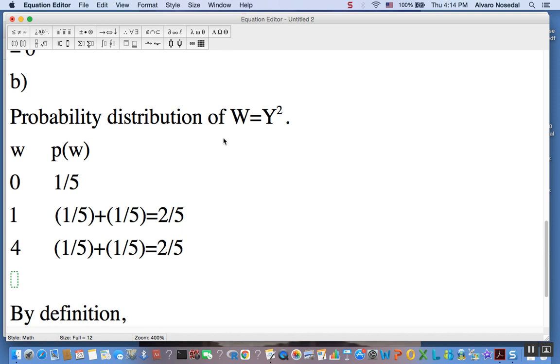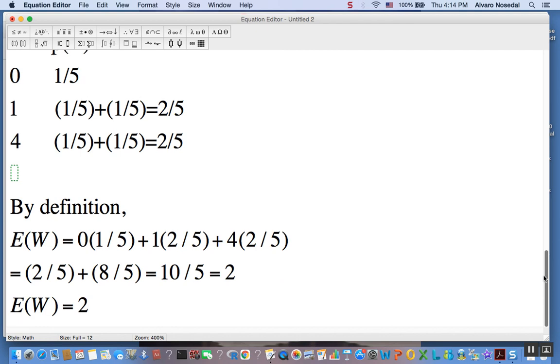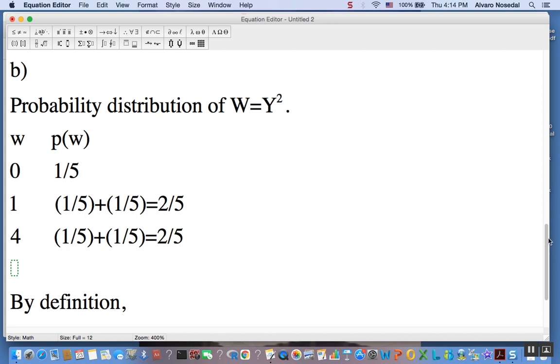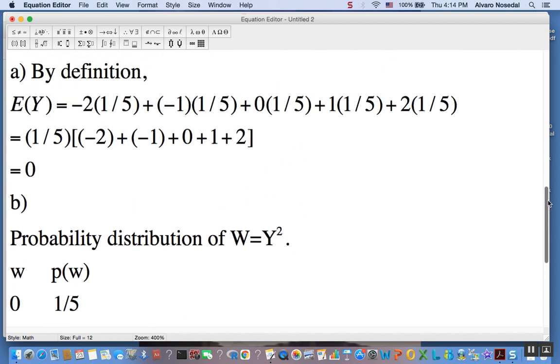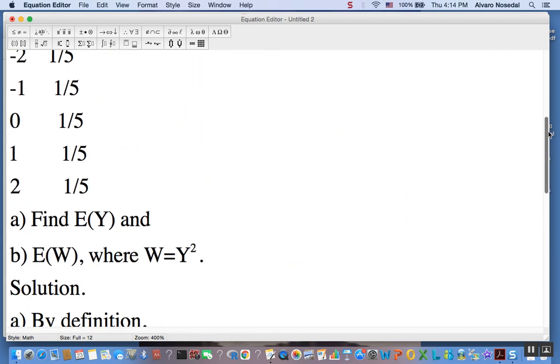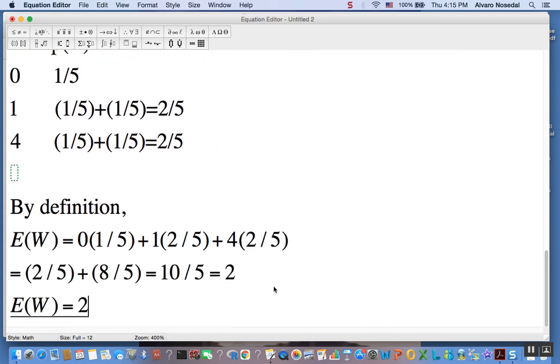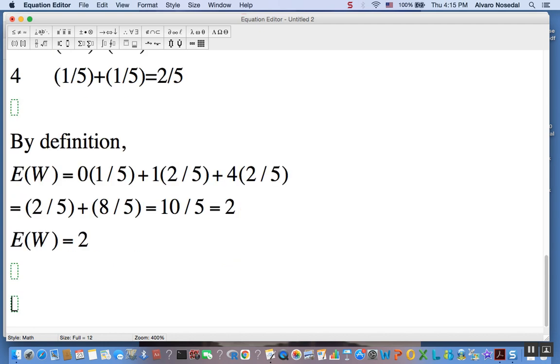Because we had to find the probability distribution of W before we could find the expected value of W. So the next thing we're going to do is see if there's a way of using the probability distribution of Y directly to find the expected value of that transformed random variable W. So let's try another route.